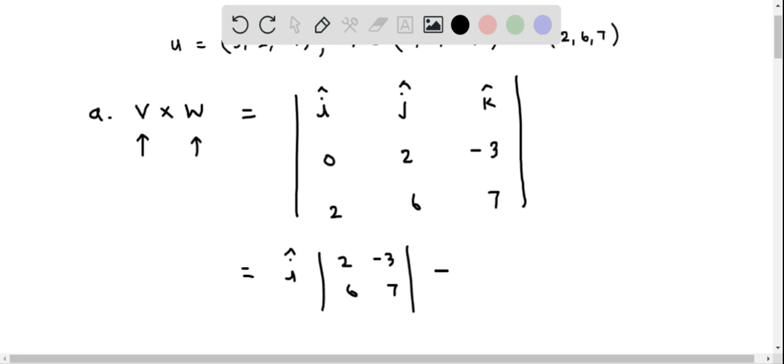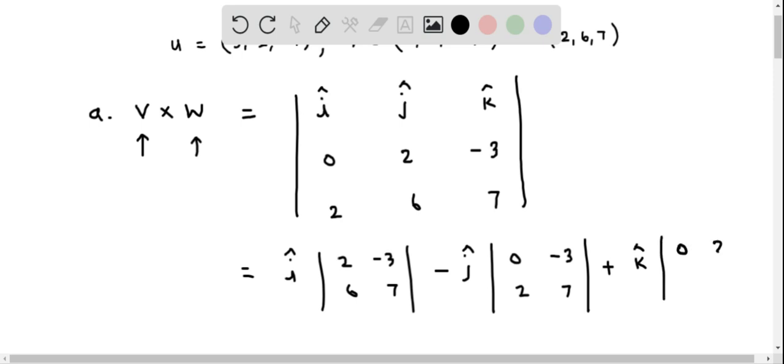We then put a negative j vector, and leave the row and column represented by j cap. And so we get 0, negative 3, and then 2, 7. Then we put the k unit vector, leaving the row and column represented by k. So we get the 2 by 2 determinant 0, 2, and 2, 6.